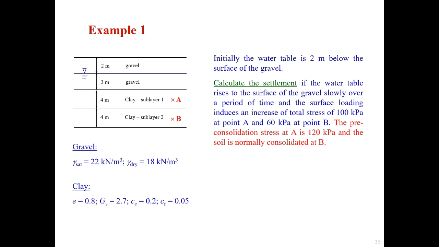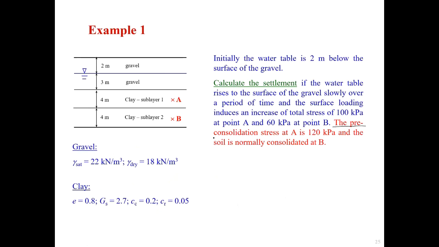Now let's look at one example. I think that will be the last example of this lecture. Actually, this example is the same as the one given in lecture 9. There's only a slight difference in the initial condition. The pre-consolidation stress at A is already provided.